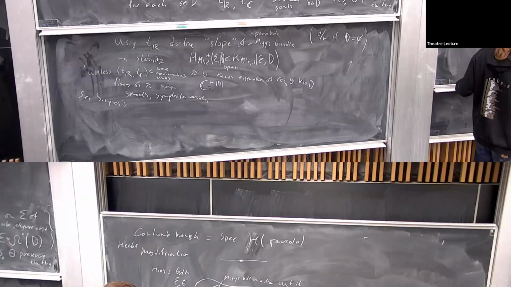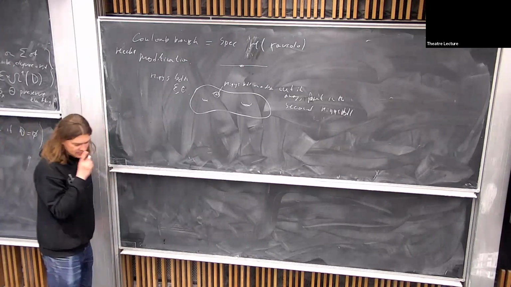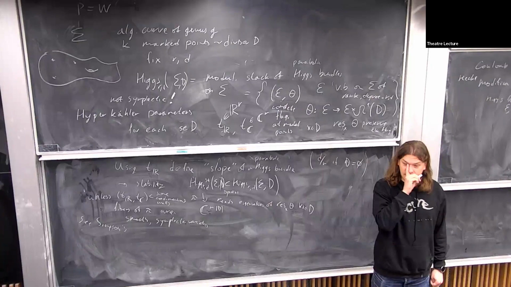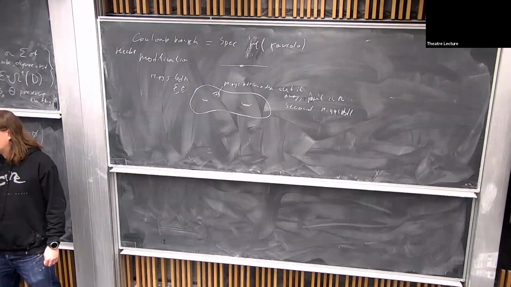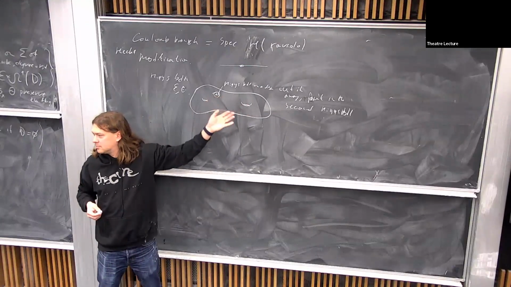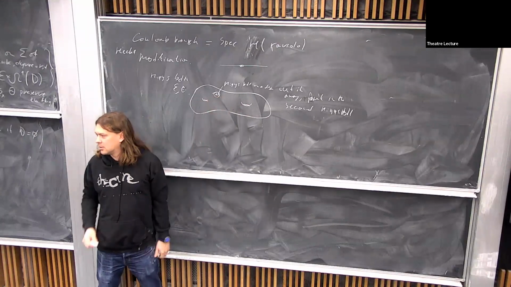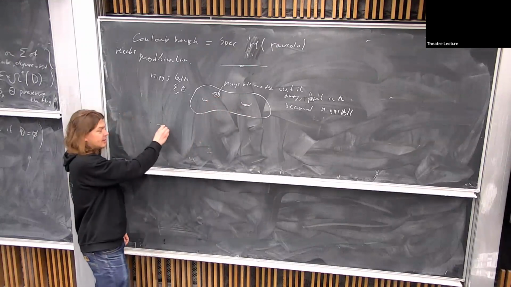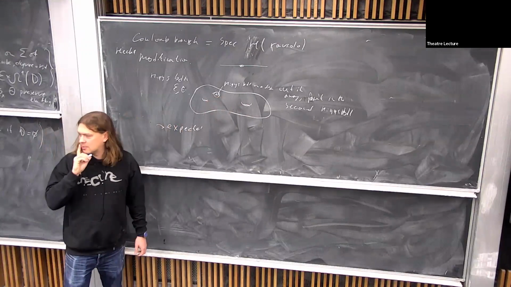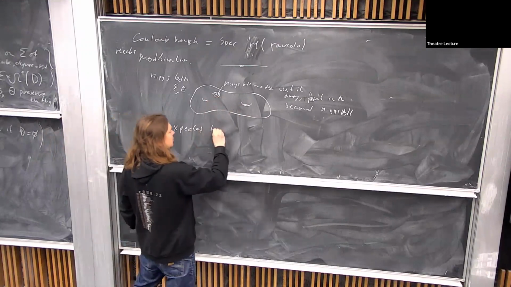Out of this you expect, I think this was in Joyce-Yun's papers, that you prove that this acts on the cohomology of the moduli space. Stability condition might not preserve it. Yes, there are problems to deal with, but let's write it as expected to act.